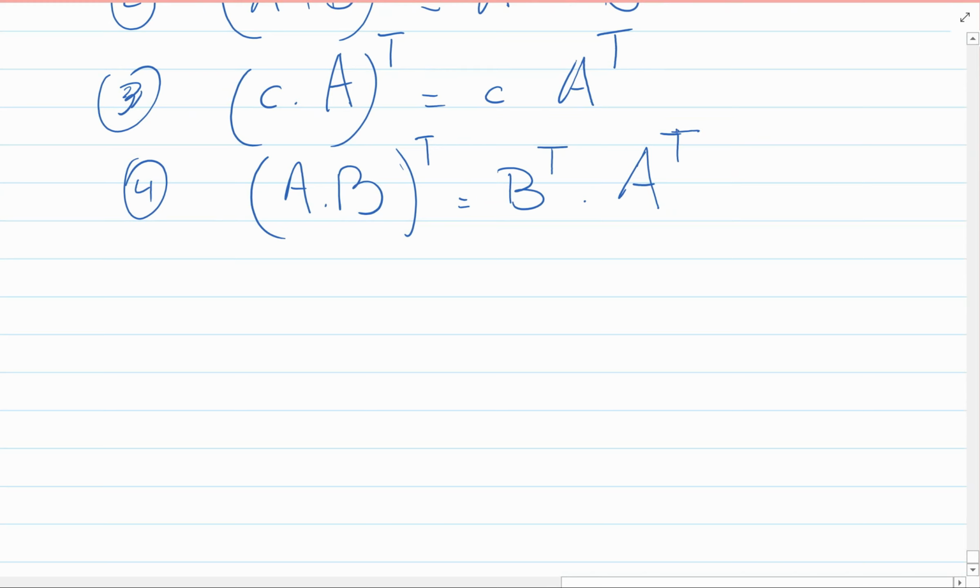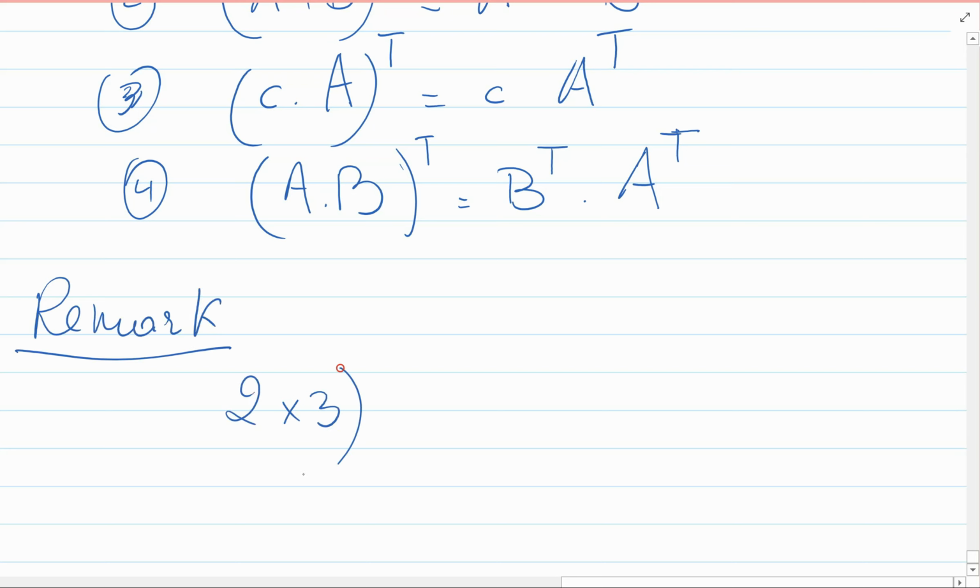It will not be. Why? Because, remark: what happens if I take a 2 by 3 matrix times a 3 by 5 matrix, for example? We know that the end result will be 2 by 5. It's the product.